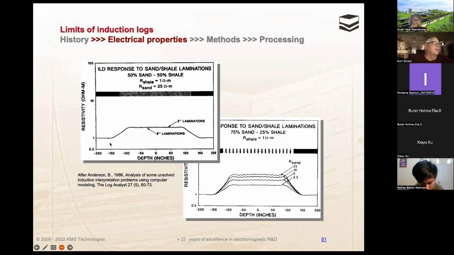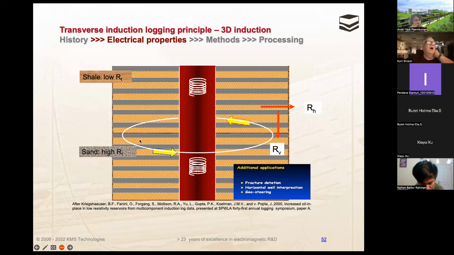So these are the results from 1986, where you can see these laminations, but you can't really see them and can't understand them. And essentially it says you can't do this. But when you then go and add to the horizontal coils, vertical coils, then you are inducing induction currents in this direction.